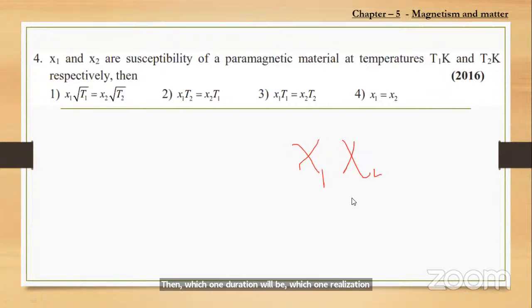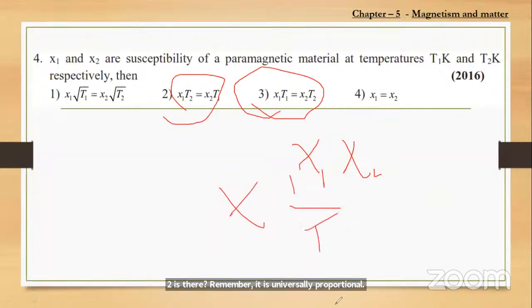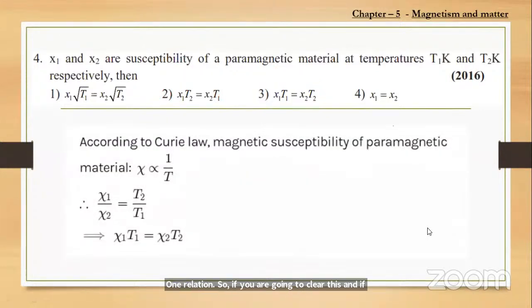You will observe that there is a relation between chi 1 and T1, and also a relation between chi 2 and T2. Remember, chi is inversely proportional to temperature T. So if you multiply them, chi 1 T1 is equal to chi 2 T2.